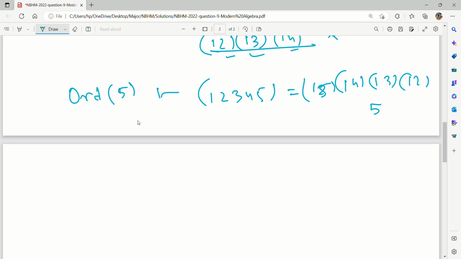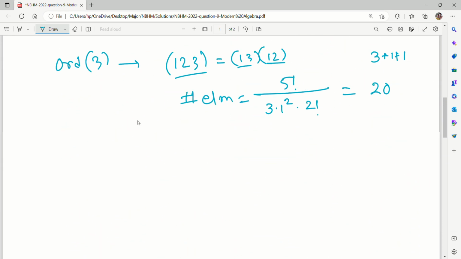Is there only one? No, there are more. The number of elements of this type is 5 factorial divided by 5, which is 24.